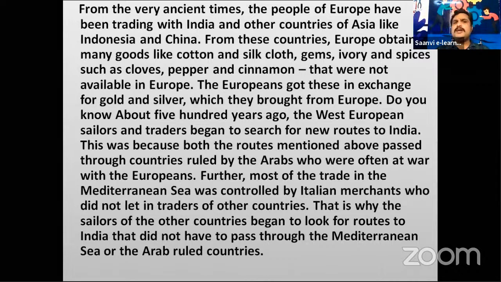About 500 years ago, the Western European sailors and traders began to search for new routes to India. Yes, absolutely. Because in 6th class you already learned about Columbus and exploration, or finding new areas. Actually, Columbus's story is from olden days. You know, there was no destination because there was no idea about any other countries.